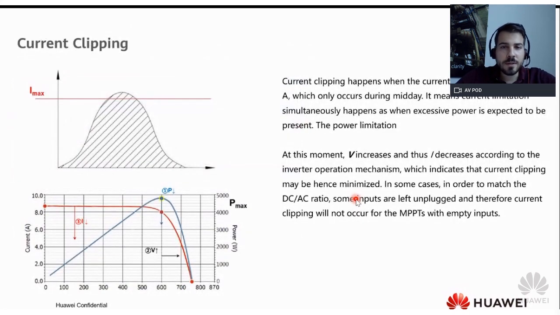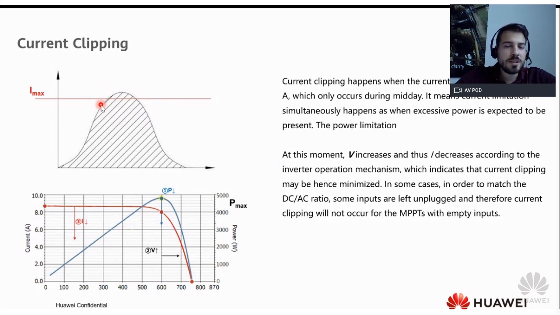So current clipping is when it might exceed the 26 amps, and it must be during midday, when there is high power coming from the sun, so high irradiance. It means that the exceeding of this Imax, the maximum ampere, happens at the same time when the maximum power is coming from the DC side.